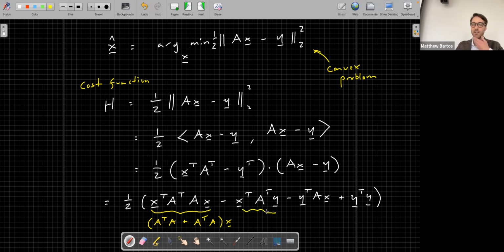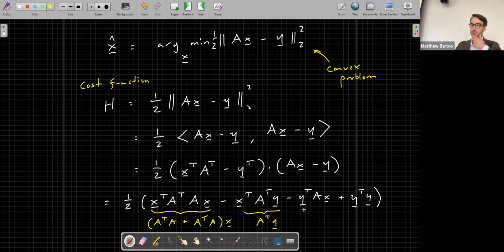This expression here, what does this become if we take the derivative with respect to X? It's from one of our identities that we wrote down earlier. What does this one become? So this one, it'll be A transpose Y, right?